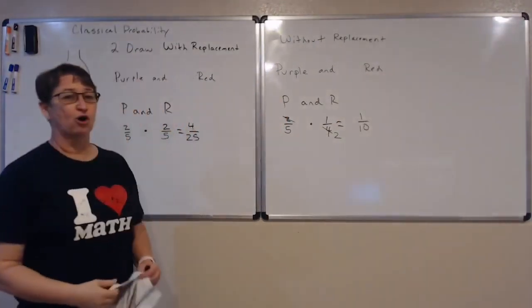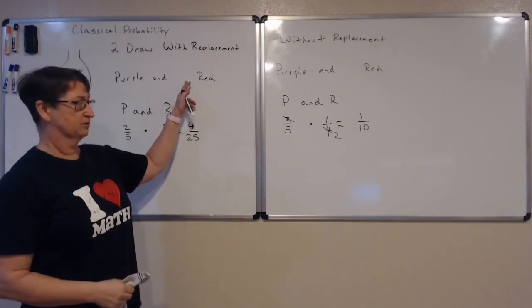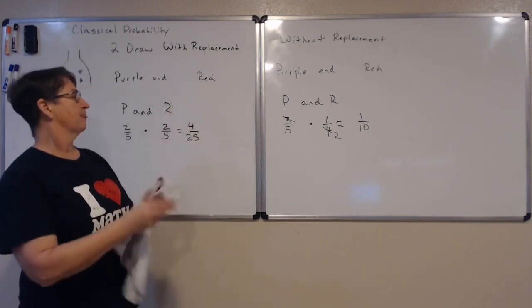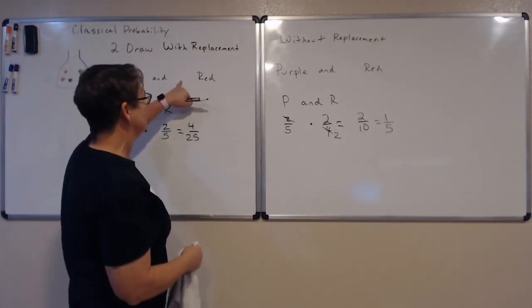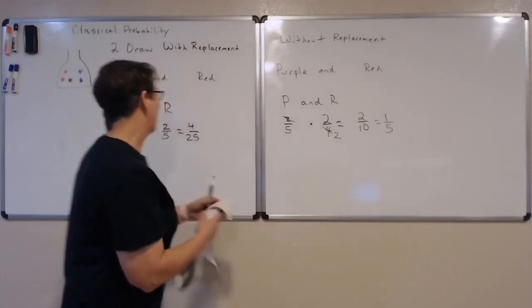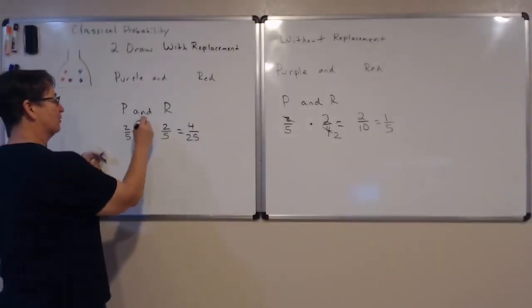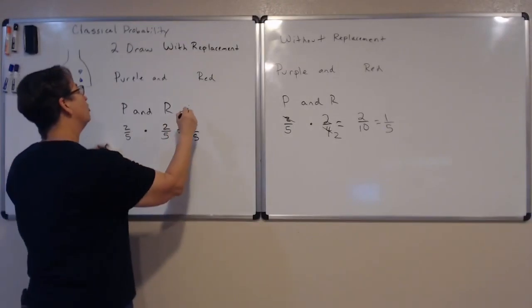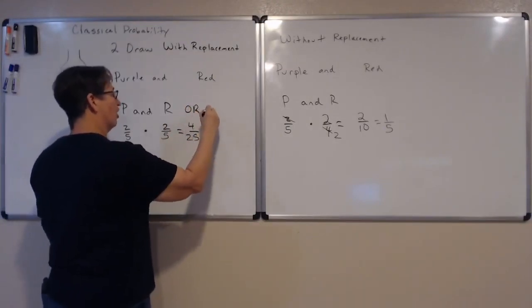So notice all I'm doing is taking off that one word. That's it. Okay, now I'm stealing away this word. And we kind of looked at that yesterday. So what that means is I've got a purple and a red, but I could also do it in the other order.